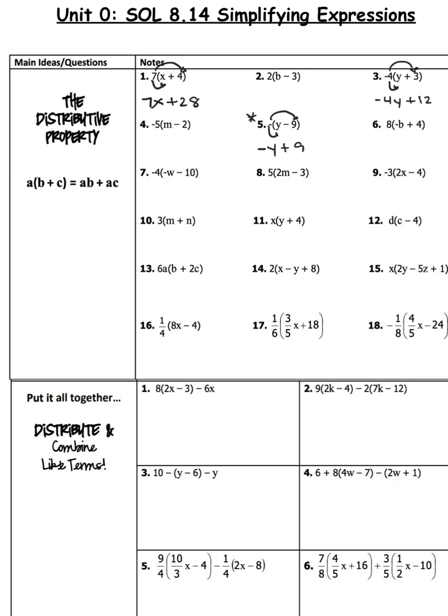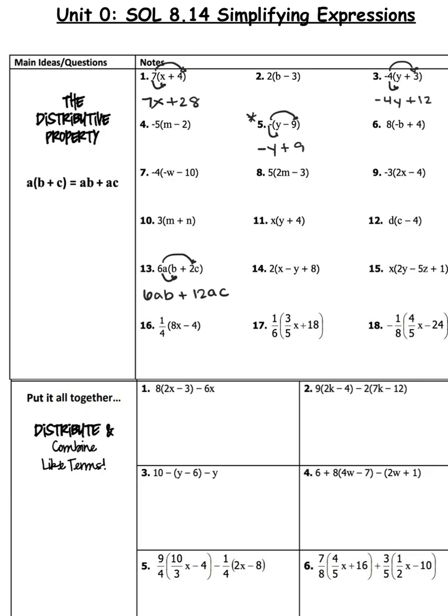It's a great example. So we have 6a times the expression b plus 2c. So 6a is going to be multiplied by b and by 2c. So 6a times b gives me 6ab. And then 6a times 2c, I'm going to multiply 2 and 6, which is 12, and then ac.